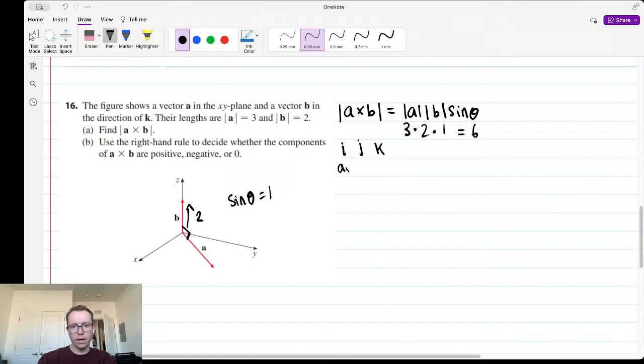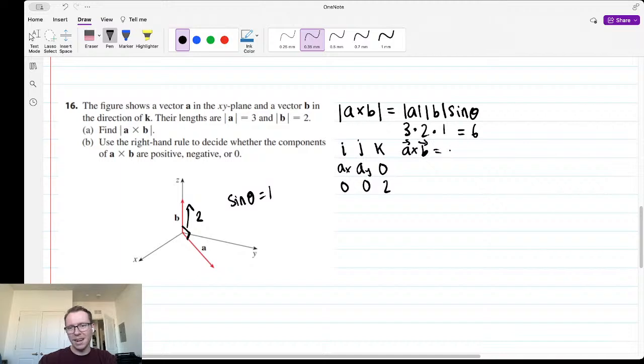We know that we have an X, a Y, and then 0. And then for B, we know that we have 0, 0, 2. So then when we cross that and we get our A cross B, I guess we should be drawing vector symbols above all these, but it doesn't matter. Not right now. It does matter, but yeah.